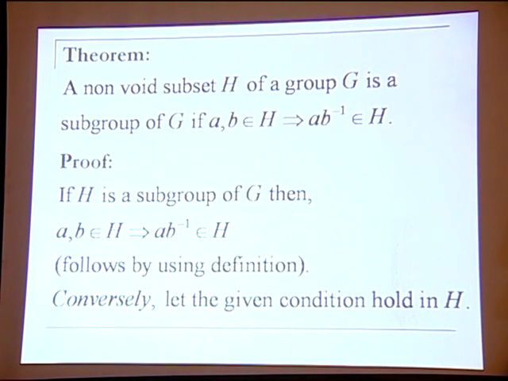Now, conversely, let the given condition be satisfied, that is, if a, b belongs to H, then ab inverse also belongs to H. Now we will prove that H is a subgroup of G, that is, we will prove that H is a group.